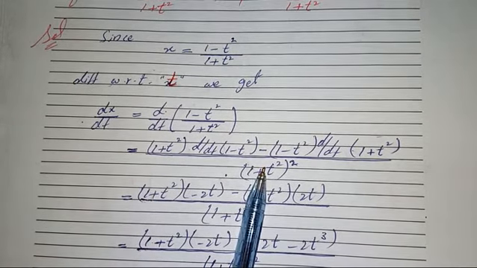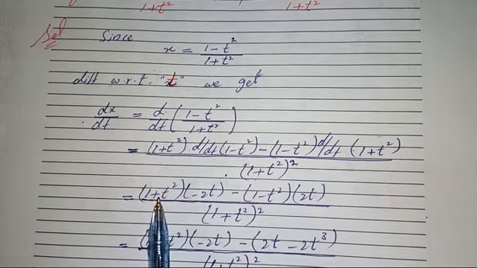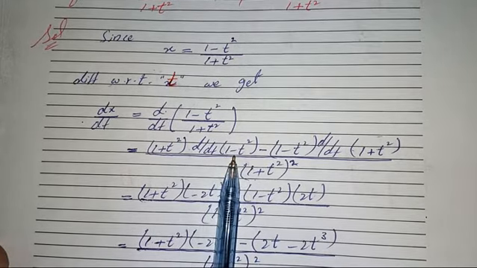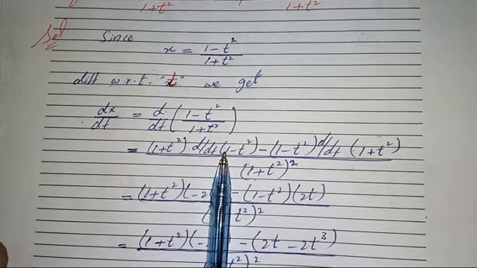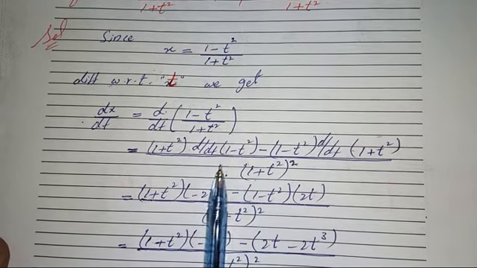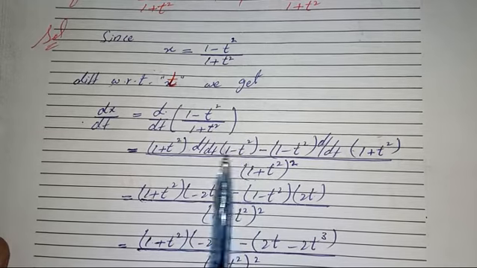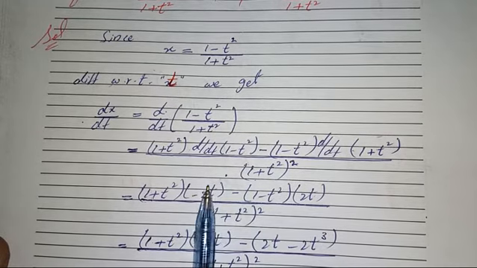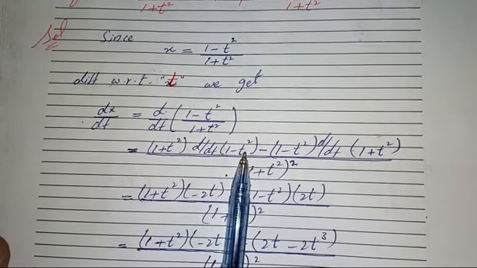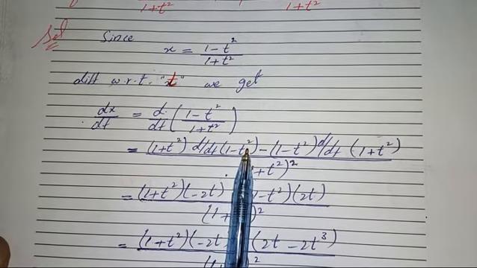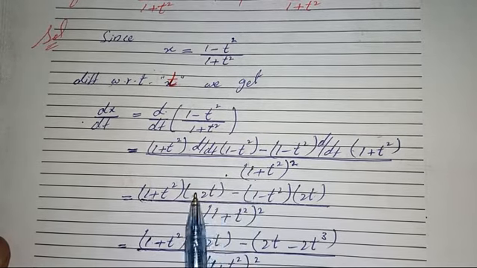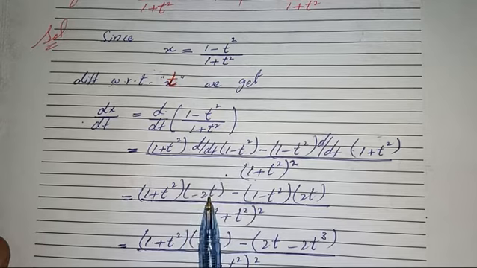after applying the quotient rule, 1 plus t square as it is, the derivative of 1 minus t square: 1 is constant, its derivative is 0, so no need to write 0, minus as it is, the derivative of t square is 2t, and 2 minus 1 is 1, and the derivative of t with respect to itself is 1, so its derivative is minus 2t.